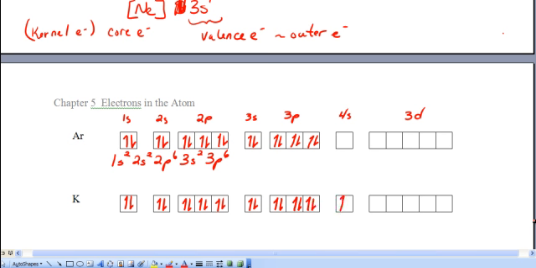So its configuration would be 1s2, 2s2, 2p6, 3s2, 3p6, 4s1. That's where those 19 electrons are arranged.